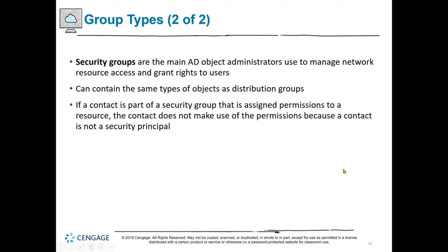Security groups are the main AD object administrators use to manage network resources, access, and grant rights to users. Can contain the same types of objects as distribution groups. If a contact is part of a security group that is assigned permission to a resource, the contact does not make use of the permissions because a contact is not a security principal.